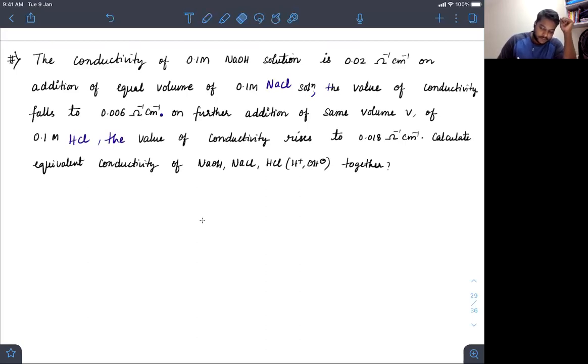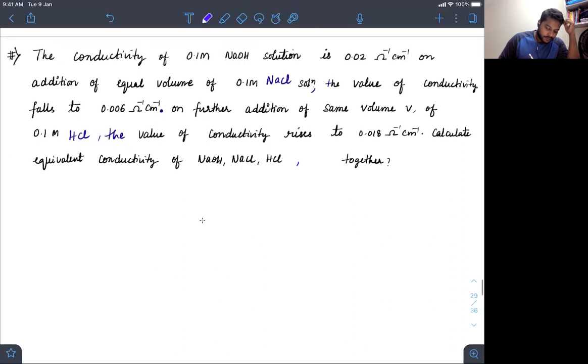H plus and OH minus हटा देना. Yes, HCl. We have this. Then what is the case? So first question is easy here. So lambda m of NaOH need to check that as kappa of NaOH into 1000 divided by concentration.